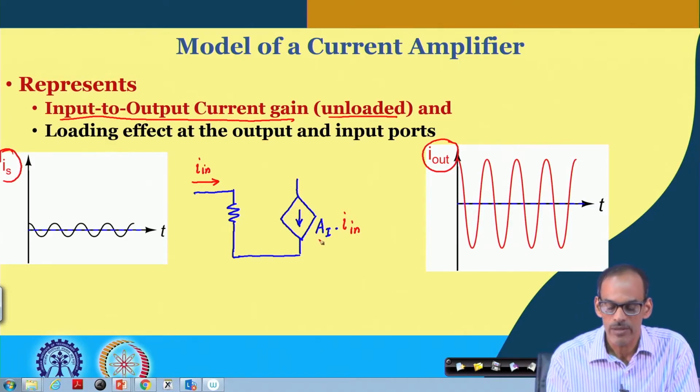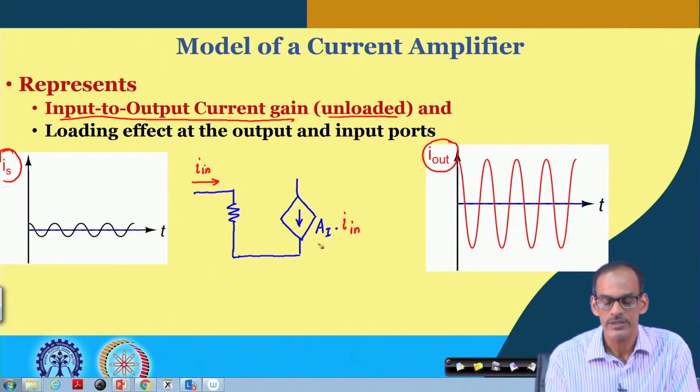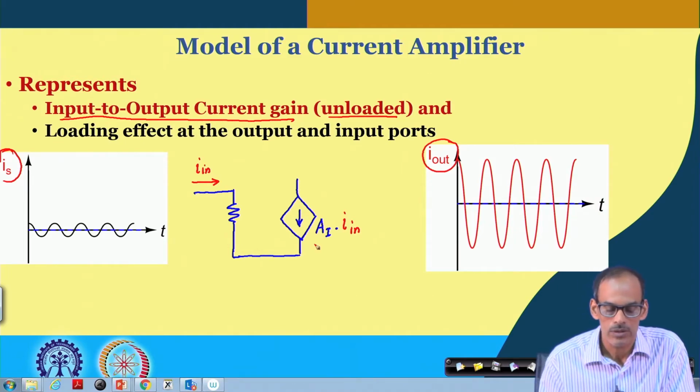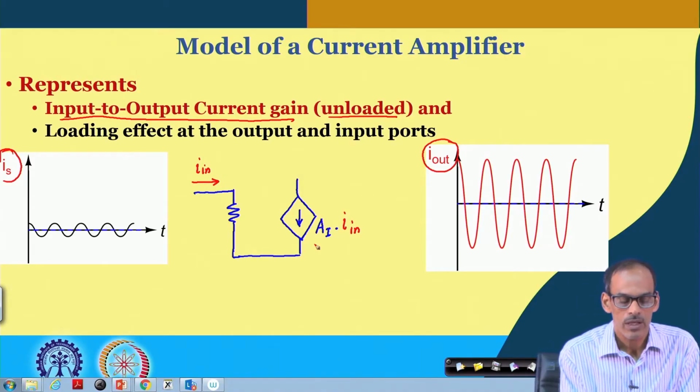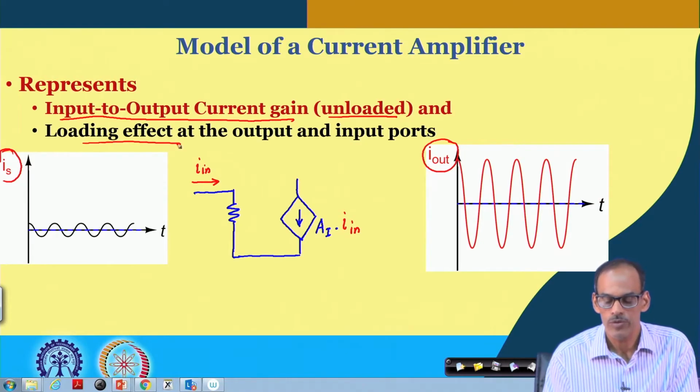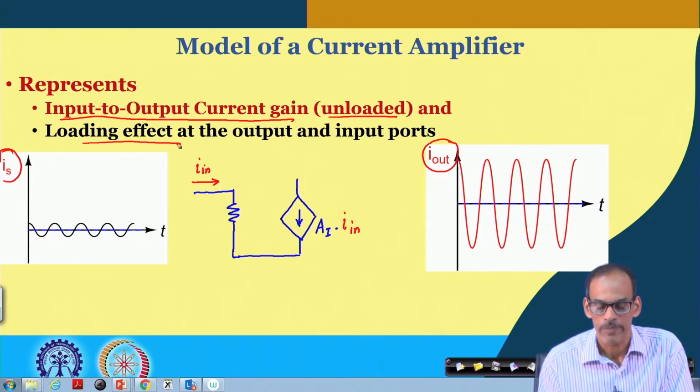Now, this element A I, as I said, is the first parameter or first element of this model. The other two elements are supposed to capture the loading effect at the output port and input port.